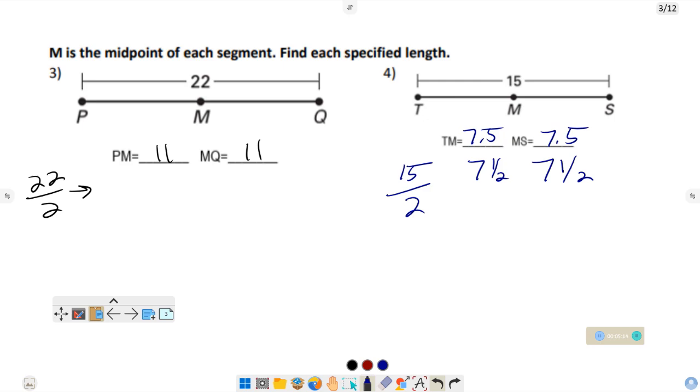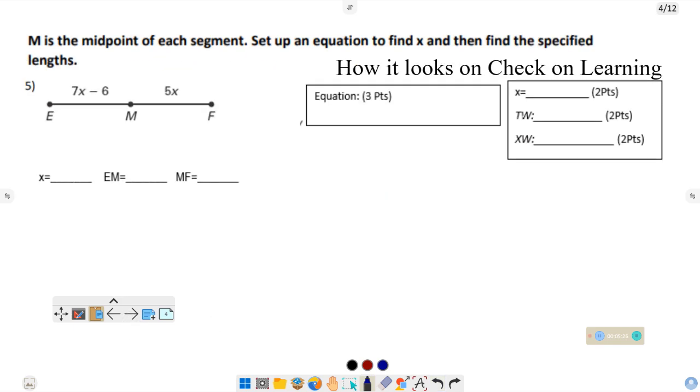Now, are we good with 3 and 4 now? There's actually a reason why 3 and 4 was on the paper other than like, ooh, this is easy. Context clues, because this is what we're going to. Now, because I know some of y'all are like, I don't have those extra boxes on my paper. Yes, you don't. But if you actually read what it says beforehand, it says how it looks on Check on Learning.